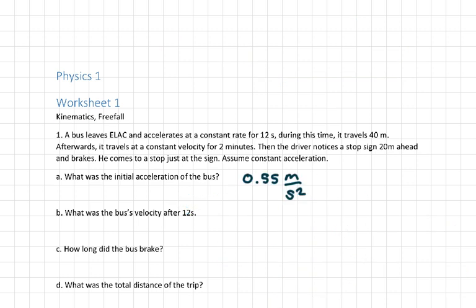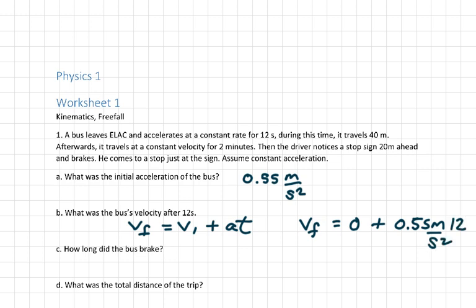Our next question is, what was the bus's velocity after 12 seconds? Okay, I will use the velocity equation. V final equals V initial plus acceleration times time. So V final equals 0 plus 0.55 meters per second squared times 12 seconds.